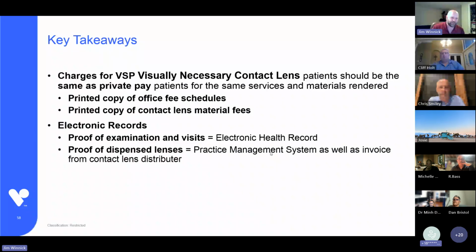Some information is in one, other information might be in the other, and then you still might have printed information. So if by some chance you're being asked for proof of appropriate billing for one of these patients, make sure you access all of your different electronic and paper records to give 100% of the information requested. Because doctors just forget, oh yeah, my dispensing is actually in my practice management system, not in my electronic health record.